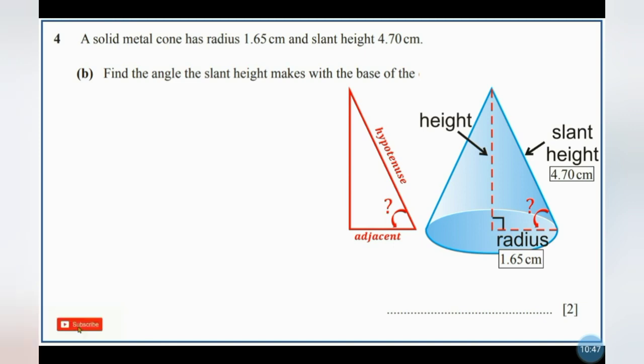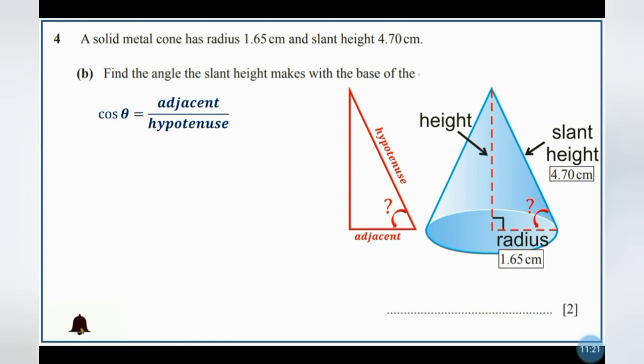If you have a right triangle, Pythagoras theorem is only for the sides, but for angles we can use the SOHCAHTOA. In here, since it is hypotenuse and adjacent, we will be using the trigonometric function cosine. Cosine theta is equivalent to adjacent over hypotenuse.